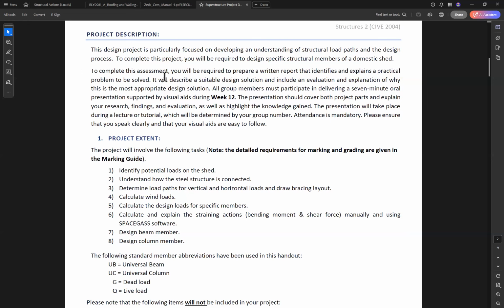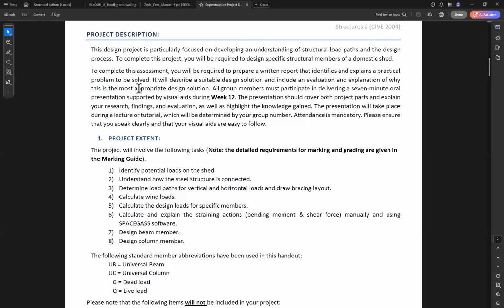To complete this assessment, you will be required to prepare a written report that explains a practical problem. So we need a full report. This report should have a cover page, table of contents, list of figures, list of tables, and so on, and the body, and then references or a reference list.